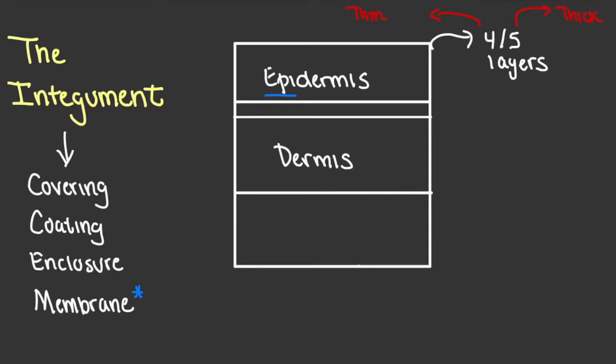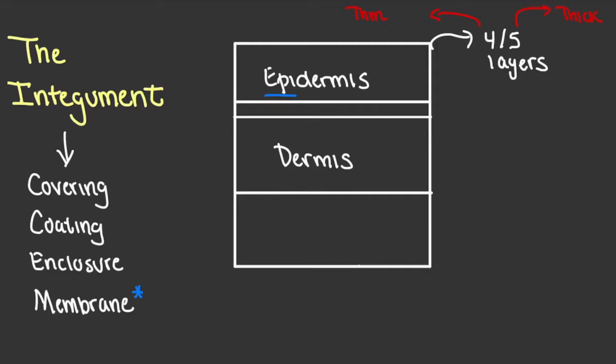Now, when we talk about thick skin, we're referring to the skin that we find on the palm of our hands and on the soles of our feet. Everything else on our body, everything else as it relates to the epidermis, is thin skin.